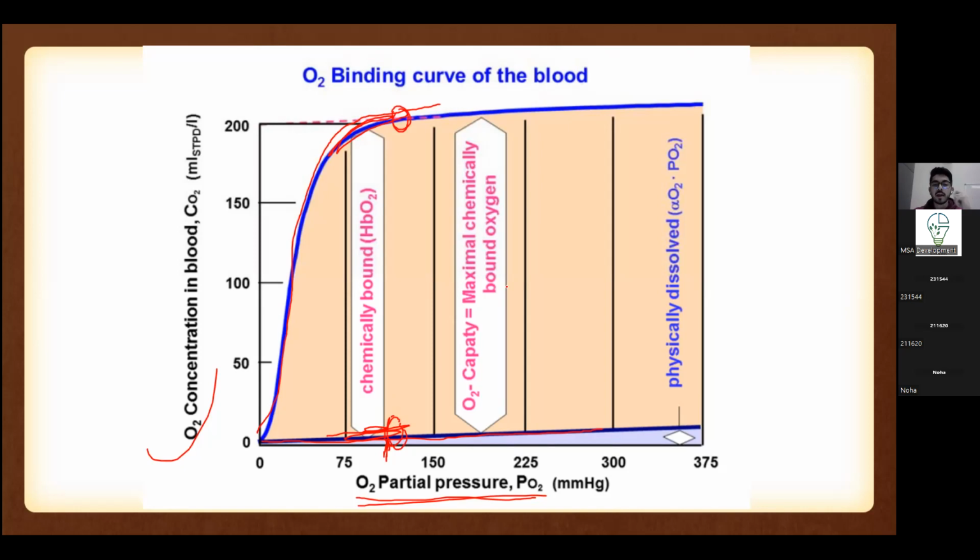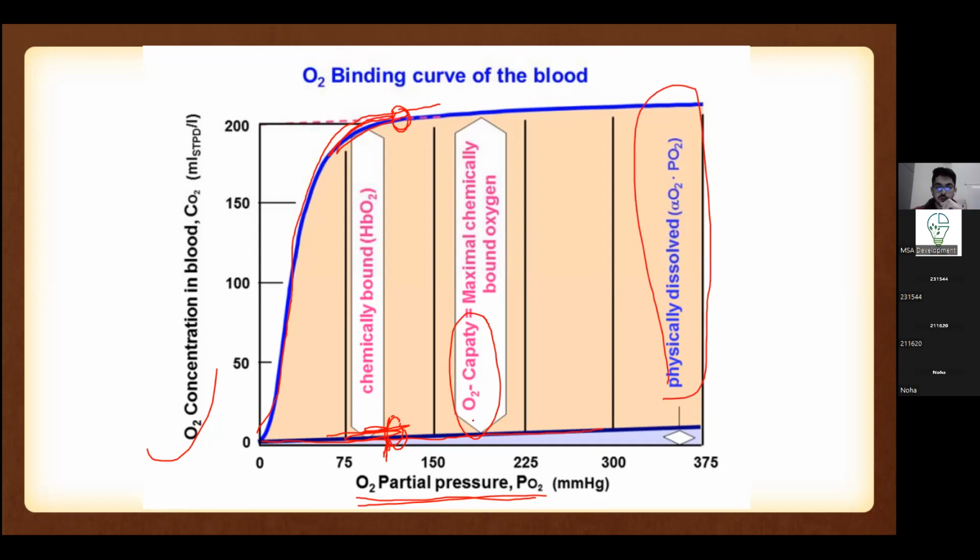At that point, we can say that we have reached O2 capacity. Again, at O2 capacity, what does that mean? It means that all the possible binding sites for oxygen on hemoglobin are occupied with oxygen. So any additional oxygen that's going to come is going to be in the physically dissolved form.